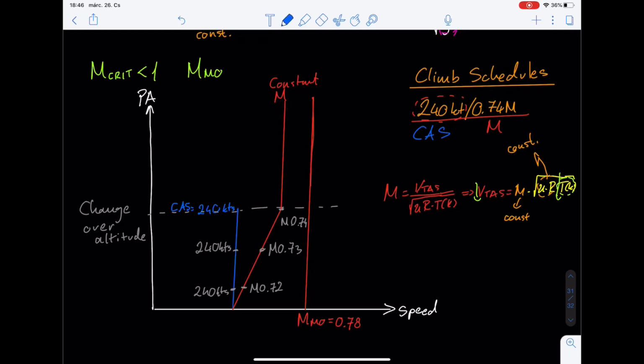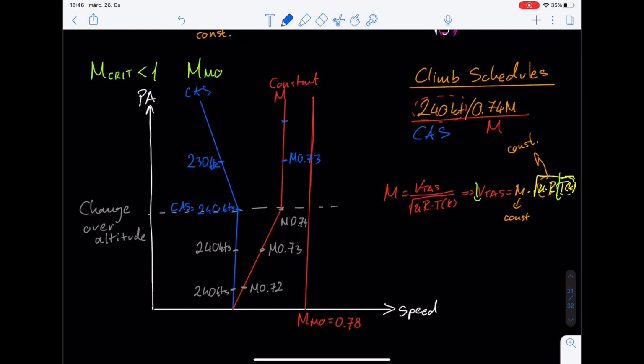Okay. So the calibrated airspeed is going to start to decrease. We had 240 knots at this point. Let's say we cross-check them in the middle. Here we still have Mach 0.73, and right here we're going to have, let's say, 230 knots indicated.